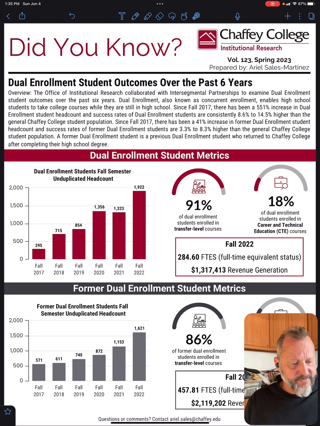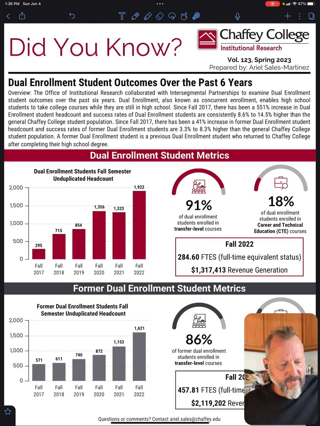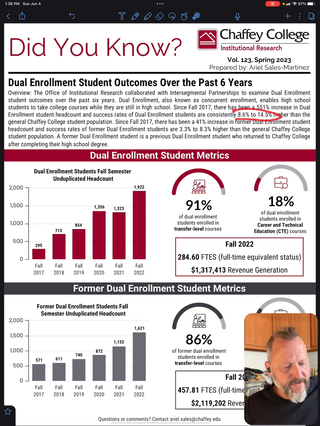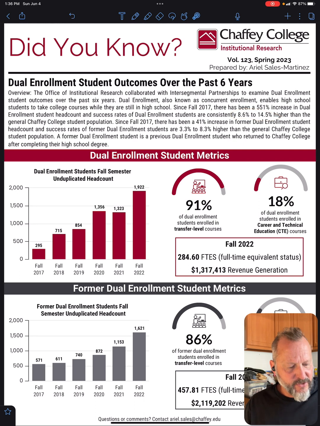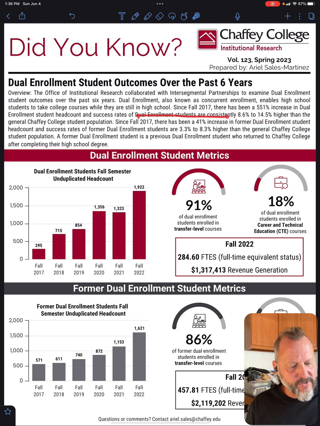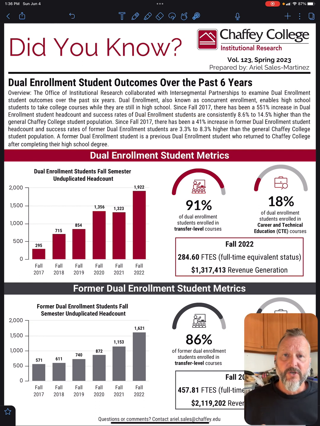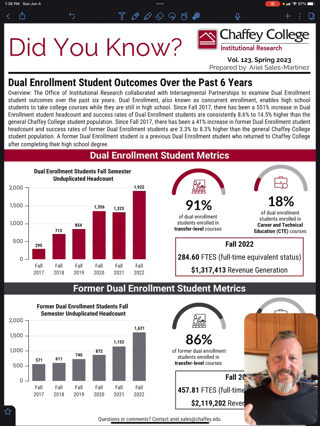So this is presenting some of the specifics of how it's increased. So here's like a correlation concept. We'll get more into that, but here's a correlation. It says that the dual enrollment students consistently do this much better than current students. So there's a correlation, but what's the causation? Why is that true?